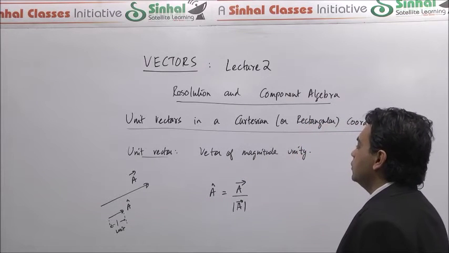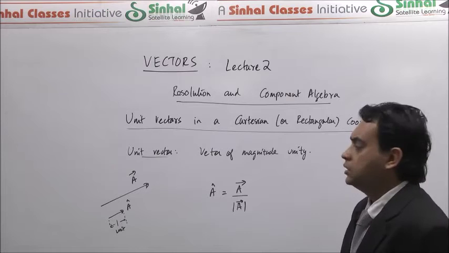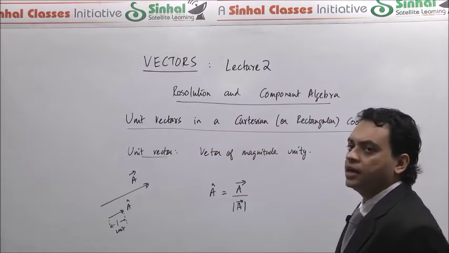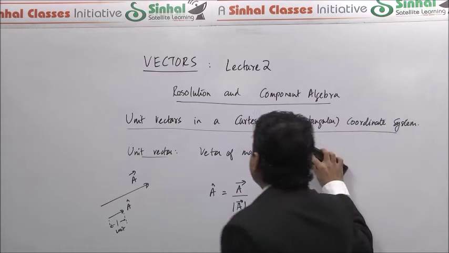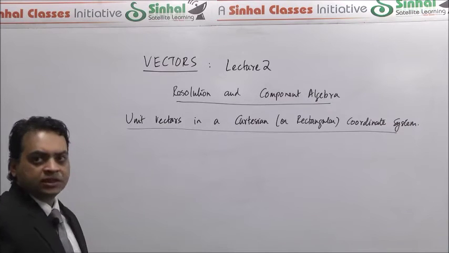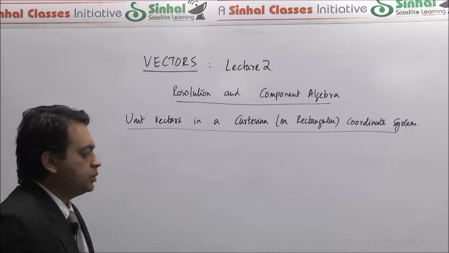Now what we are going to concentrate on next is a particular type of unit vectors, which are the standard unit vectors in a Cartesian coordinate system or a rectangular coordinate system. So as you know, a rectangular coordinate system is basically one where the axes are mutually perpendicular.